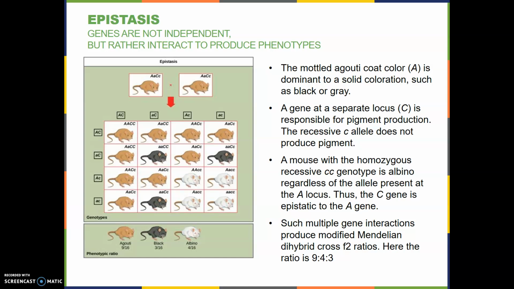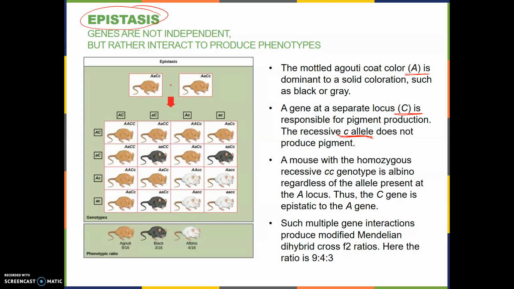Now, another type of inheritance is called epistasis. Epistasis goes like this. The mottled agouti color, big A, is dominant to solid coloration, such as black or gray. A gene at a separate locus, C, is responsible for pigment production. The recessive little c allele does not produce pigment.